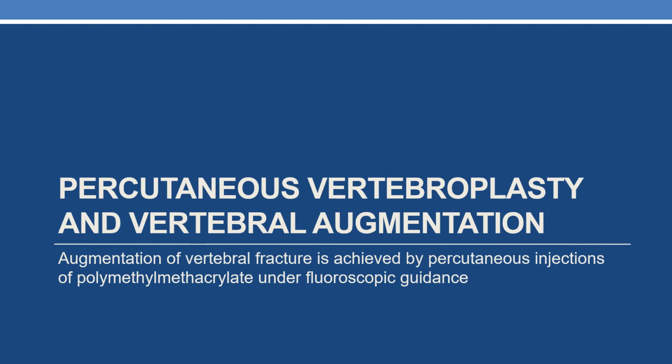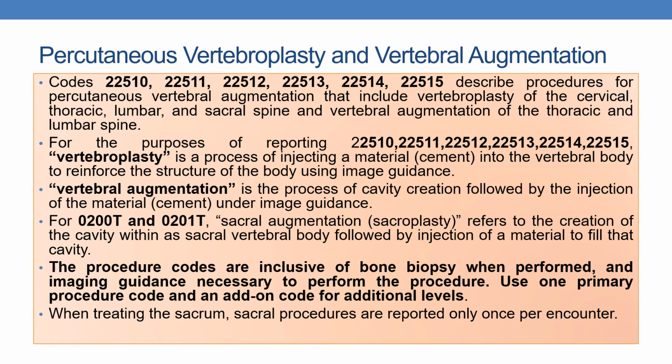Now coming to codes for percutaneous vertebroplasty and vertebral augmentation. Vertebral augmentation, or simply augmentation of vertebral fracture, is achieved by percutaneous injection of polymethyl methacrylate under fluoroscopic guidance. Now coming to the guidelines of percutaneous vertebroplasty and vertebral augmentation.